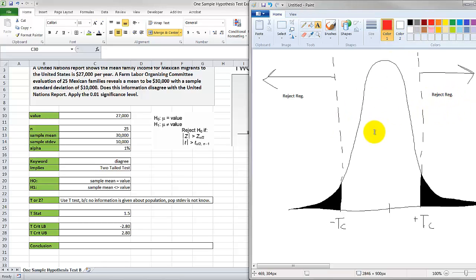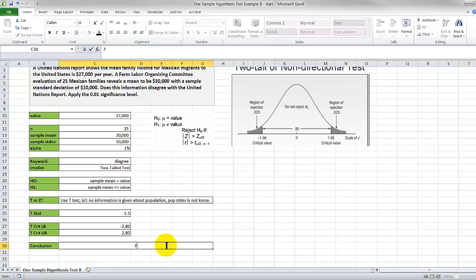So the question is, where is our test stat? Our test stat is 1.5. It's positive, so it's roughly here, we'll say. We know it's at least greater than 0 and less than this positive T critical. So I'm just going to write TS, our test statistic. So we are actually not in a rejection region, so we're going to fail to reject the null hypothesis.